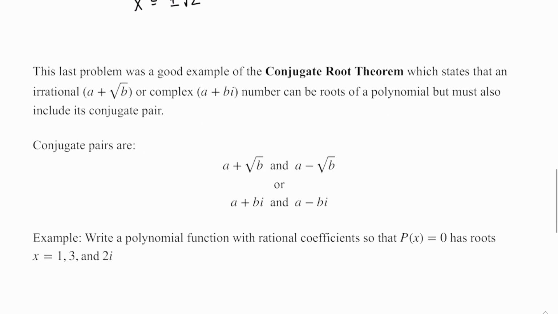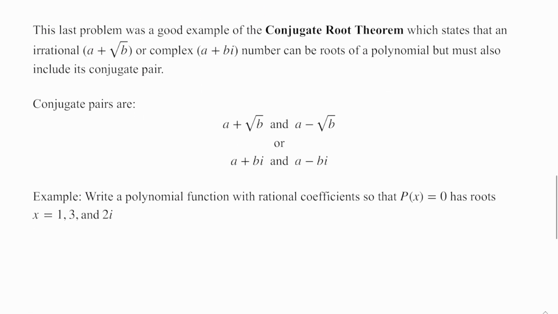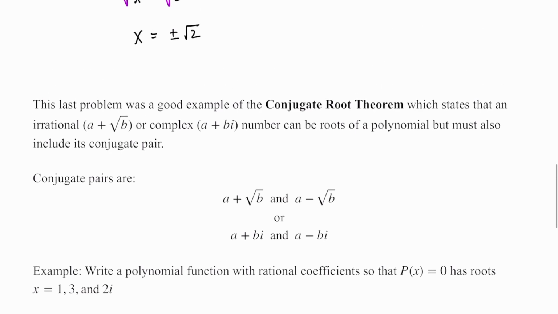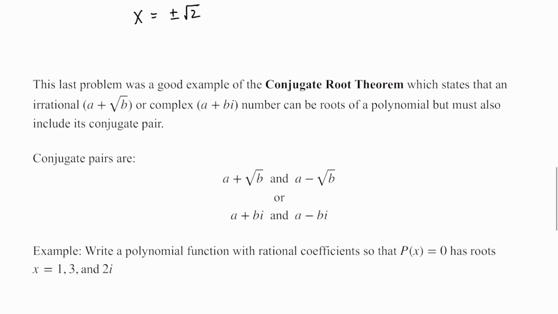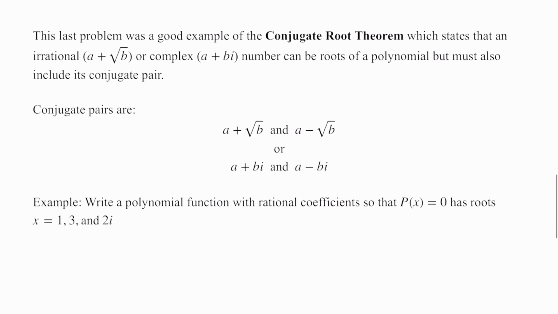So this last example here is a good example of a conjugate. As we can see here, our values are plus or minus the square root of 2. And when we have irrational numbers, and also when we have complex numbers, we always have this conjugate pair. A conjugate pair is two numbers that are basically the same, but one has a plus sign and one has a minus sign.